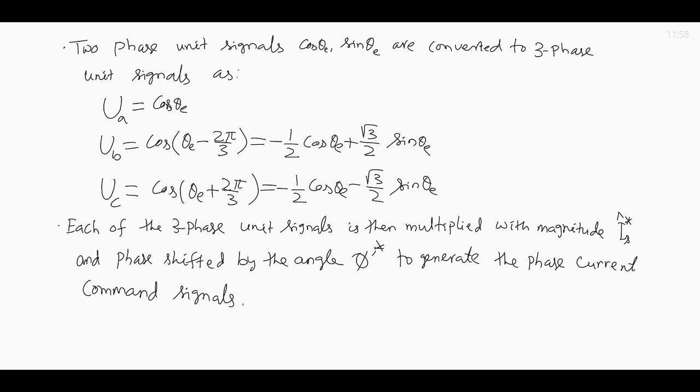So it is like this. IA star is Is star hat into UA, and its angle is phi dash star.